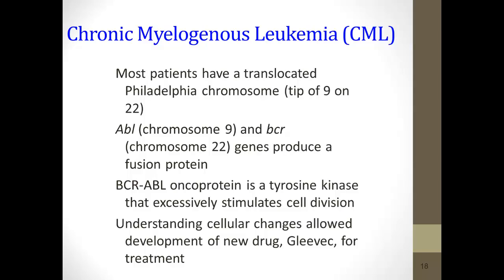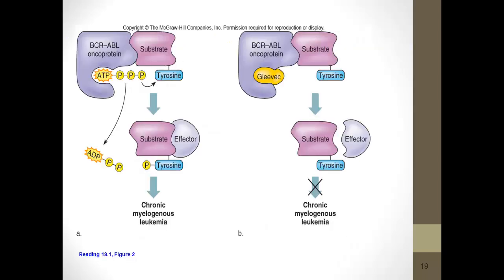And this excessively stimulates cell division. By understanding how chronic myelogenous leukemia develops and where it's located, companies have been able to develop a new drug, Gleevec, which helps in the treatment of this disease. So here is a schematic of how that looks in picture form.